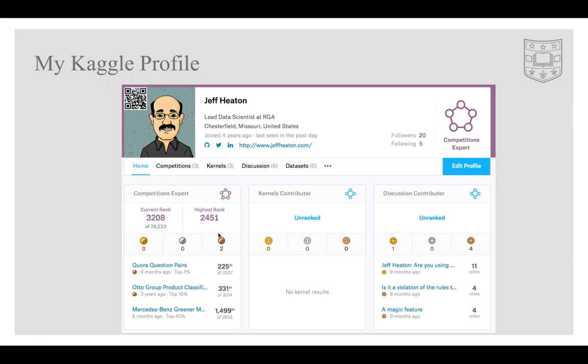What I like about Kaggle is I can learn. There's message forums on these, so when I compete in a Kaggle competition, like the Quora question pairs, which I got to 225th on that one, I'm reading from the people who are higher than me and posting their solutions. It's one thing to look at the answer.